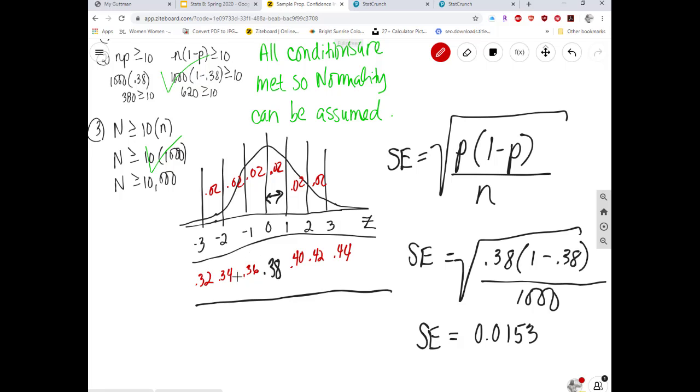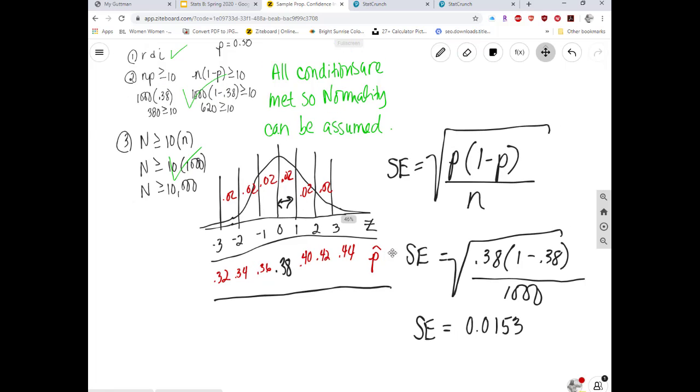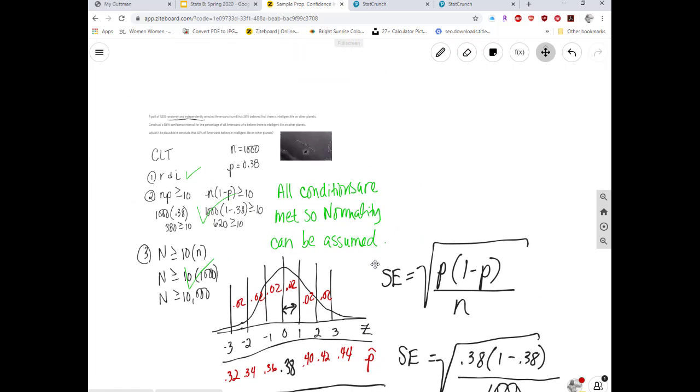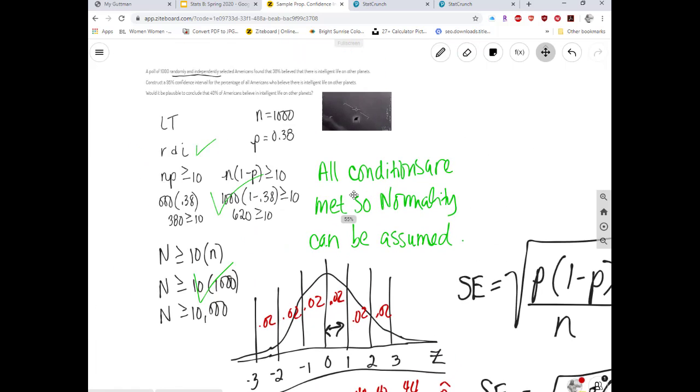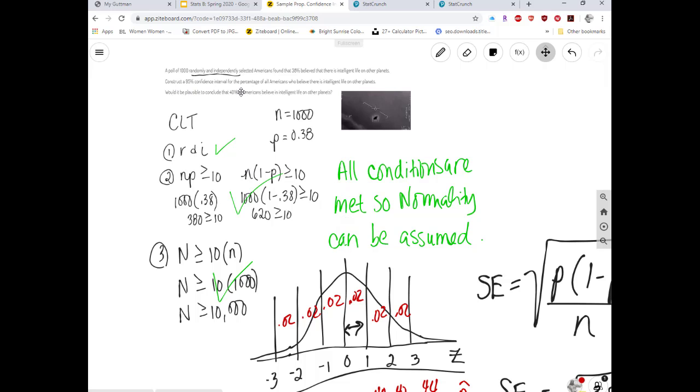So I'm lining this up here to see kind of what's going on, right? This is the information that I got from the sample that I was working with. Okay, awesome. So the question asks, construct a 95% confidence interval for the percentage of all Americans who believe there is intelligent life on other planets.